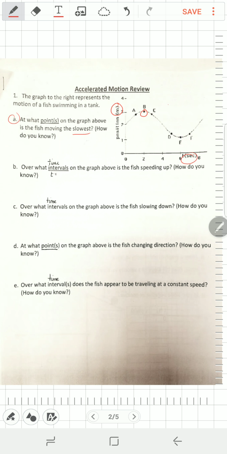And I see the flattest position here at position E, moving 0 meters per second. So how do I know? It's going to be B and E, and the reason is because they have a slope of 0. So slope equals 0.